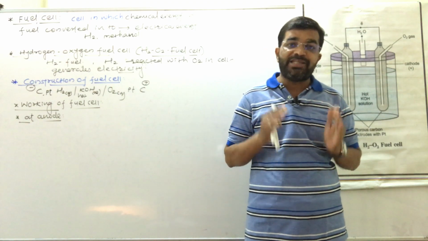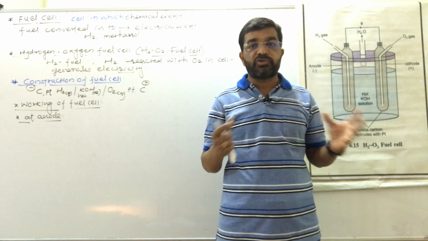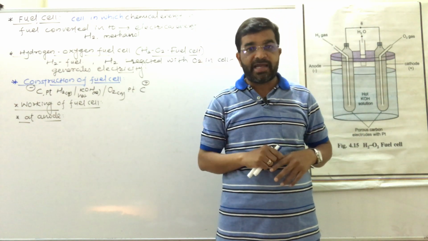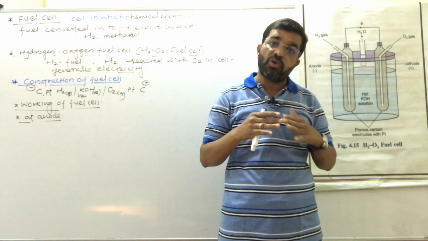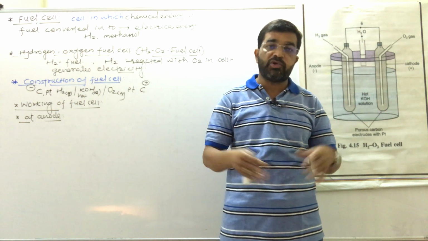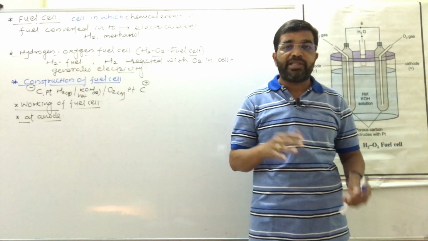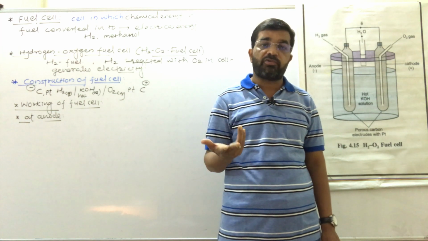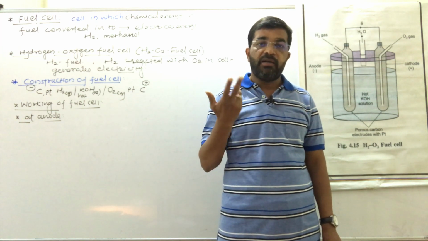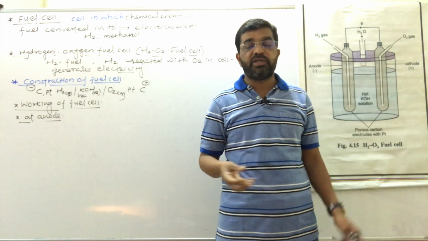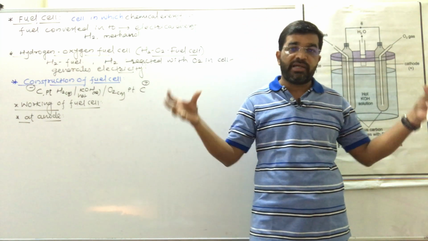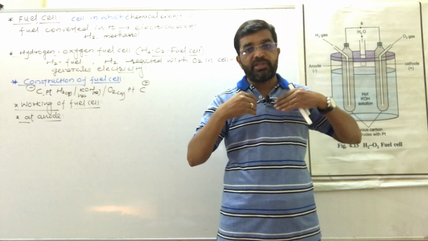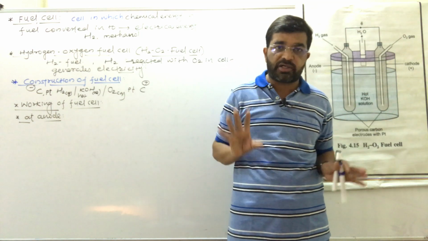One advantage of this cell is that both gases are supplied externally, so we can supply them as long as we like and the cell can run continuously for a long time. Unlike other cells, it does not stop working because the electrolyte is not consumed and the gases are fed externally. As long as we pass them, the cell keeps working continuously.